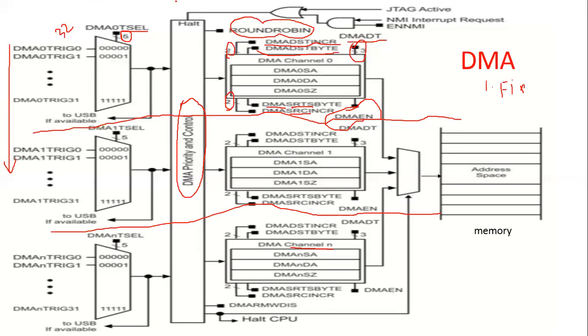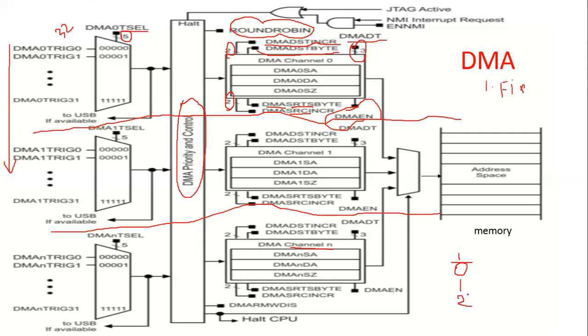But coming to the second one, the round robin priority. In round robin priority, the first time, in the first cycle, channel 0 is the highest priority. Then the next lower priority is channel 1, then channel 2.